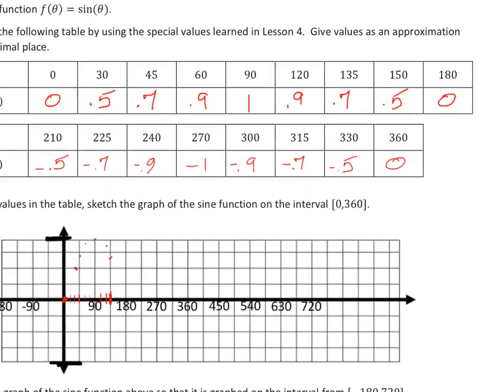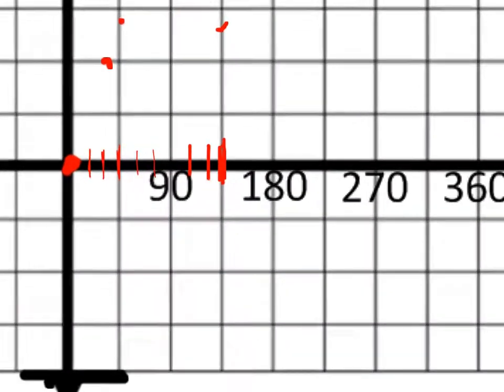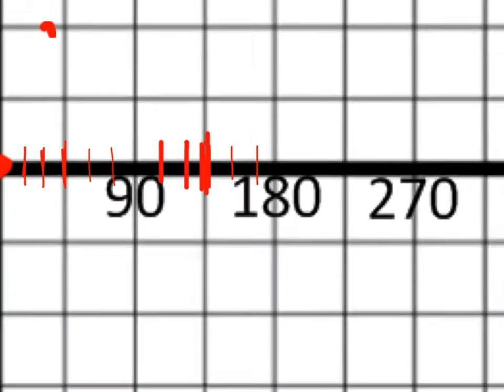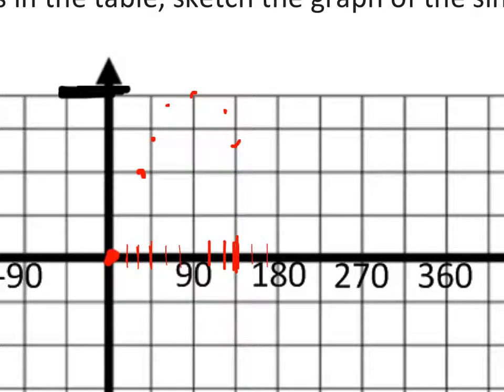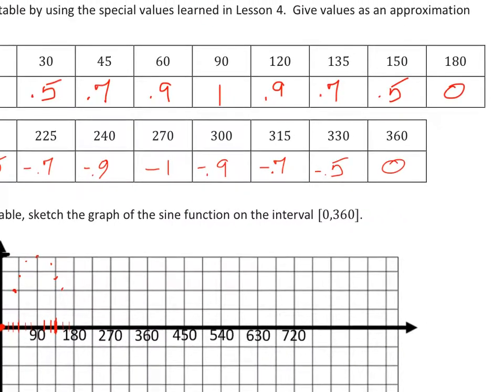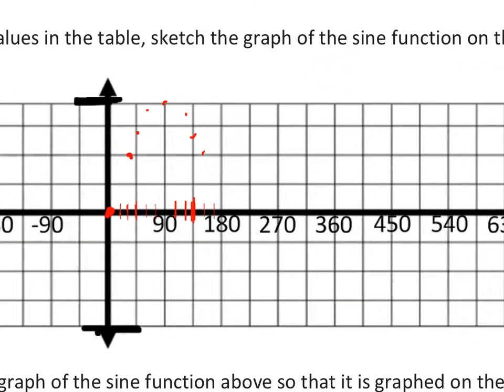And sine of 150 is 0.5. Alright, if this is 135, this should be 150 and then 165. So I'm going to put a dot here. And sine of 180, simple enough, is a 0. So we've gone up and then back down through 180 degrees.